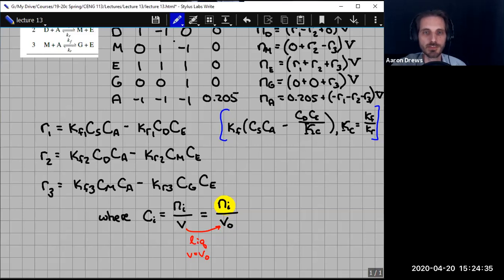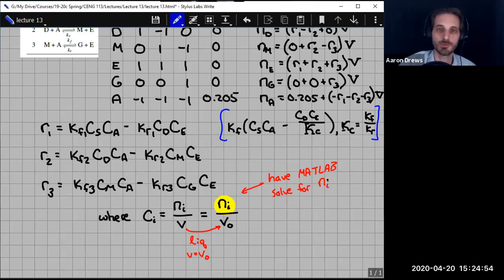And so this suggests that we can use MATLAB. Let's change this to red. So we can have MATLAB solve for this one, if we solve for the n sub i's directly, as opposed to the conversion of something. Conversion doesn't really work if you have multiple reactions, so we're not going to try to set anything up like that.